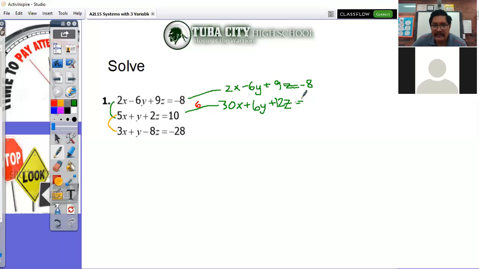And here we have 60. So again, double check these. Make sure you got all of them times 6, because it is pretty easy to make a mistake on some of these. All right, so it looks like we are ready with this one.